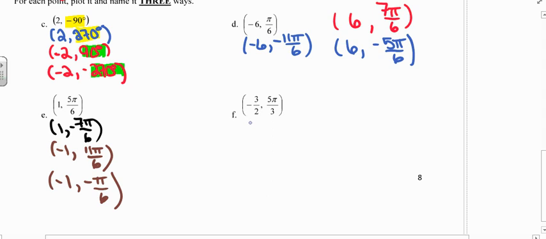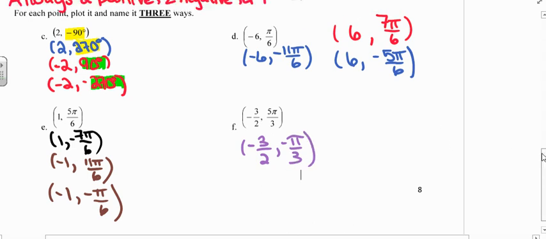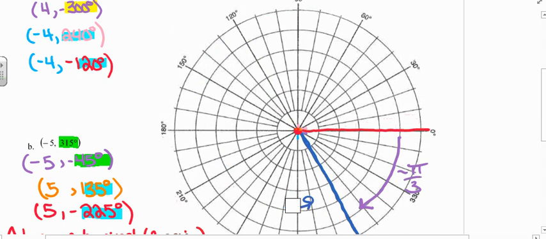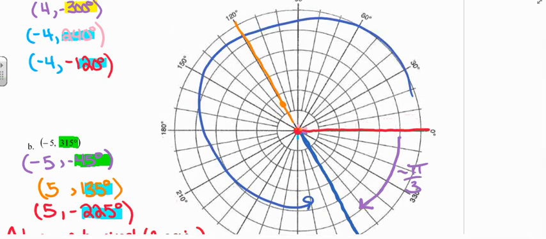So -3/2, -pi over 3. And if I were to instead want to make my radius a positive number, and I just erased where I wanted to go.